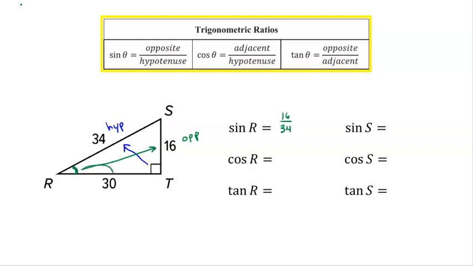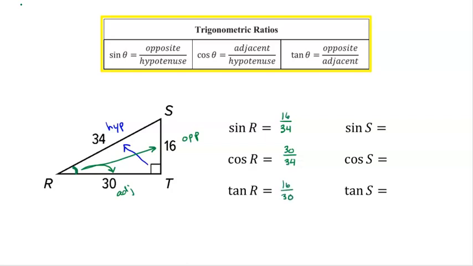Our cosine is going to be our adjacent side, so that's 30 over 34. And for our tangent, it's opposite over adjacent, so 16 over 30.